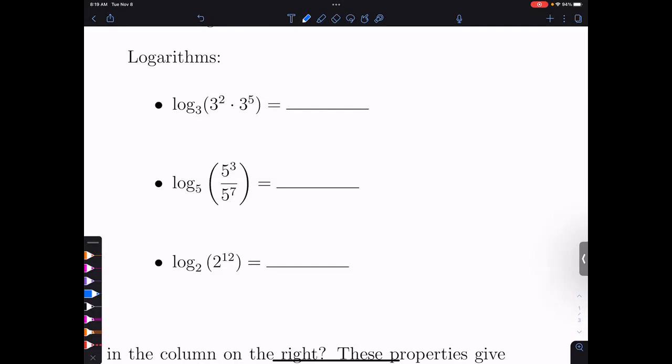The log base 3 of 3 to the 7th, which is 7. You're taking the log base 3 of a power of 3, right? And what a log base 3 asks is how many copies of 3, or what power is this number?